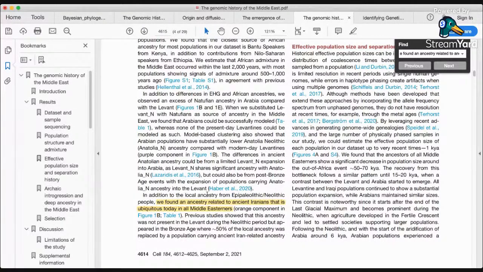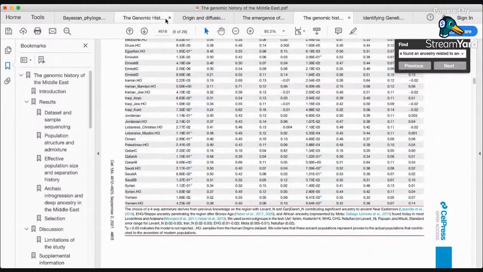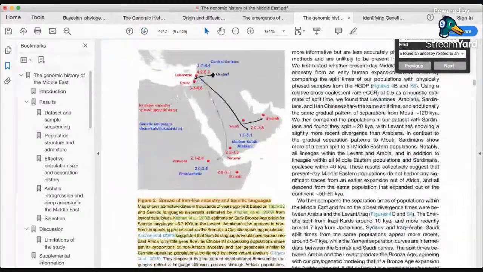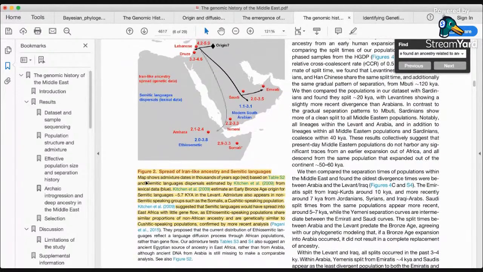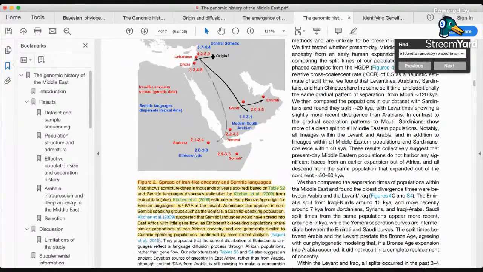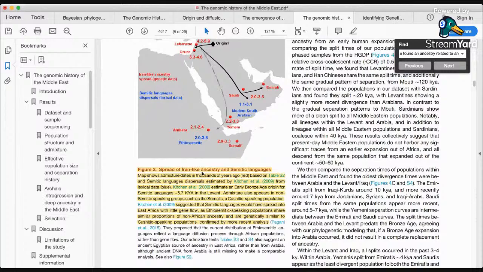In addition to the local ancestry from the Paleolithic and Neolithic people, we found an ancestry related to ancient Iranians, that is, present today in all Middle Easterners. All right, so basically they show a map showing the spread of the Semitic languages.